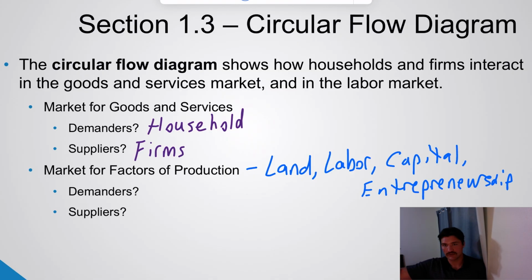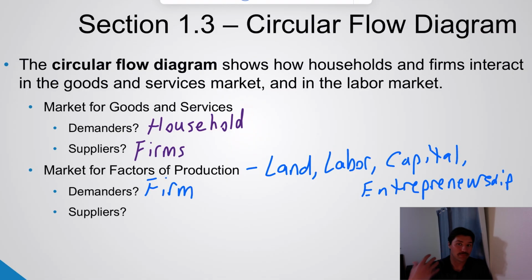You are producing goods and services, right? So you need to demand labor in order to produce a good, right? So who is actually demanding labor? Well, that's the businesses, right? Businesses are hiring labor in order to supply goods. So the demanders of the factors of production are going to be the firms.